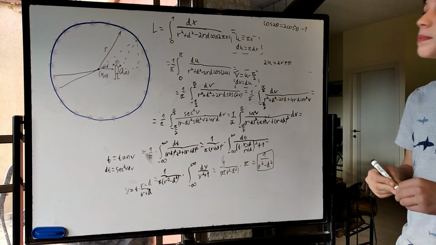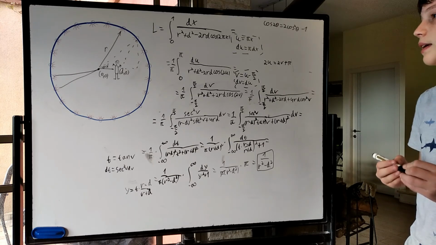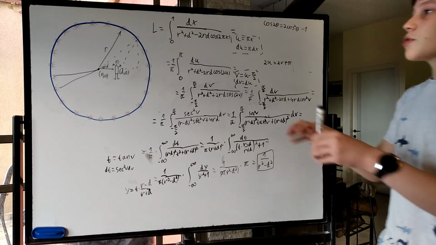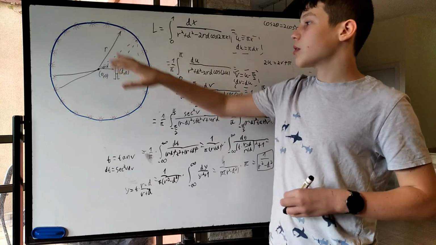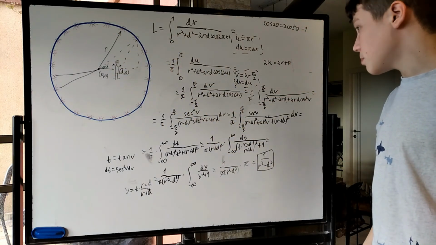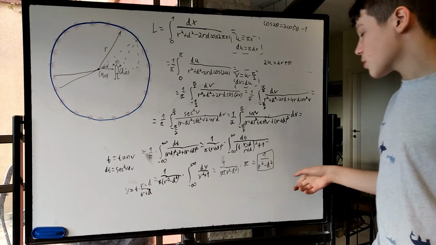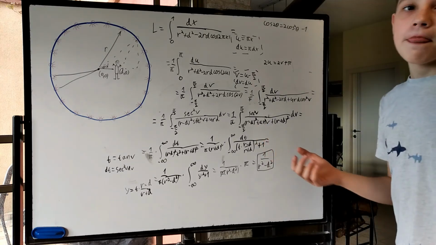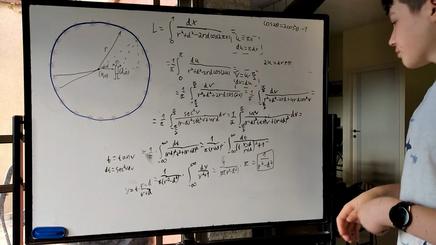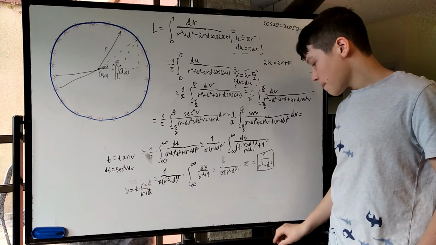And considering the simplicity of the answer, there is probably an easy way to look at this geometrically and eventually get just one light bulb that we perceive 1 over r squared minus d squared from it. But regardless, that is our final solution.